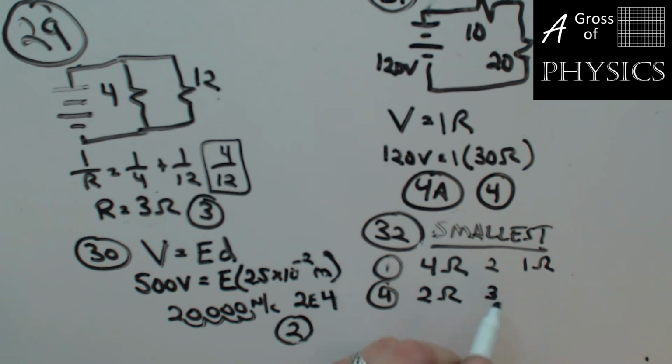The third one is 1 over 1 plus 1 over 1, which is 2 over 1, and when we reciprocate that, we get 1/2. So we have 4, 2, 1, and 1/2, so the answer is going to be 3. It's usually a parallel circuit because resistance gets smaller as you have more paths for current to flow.